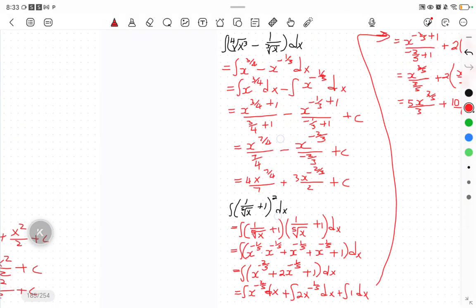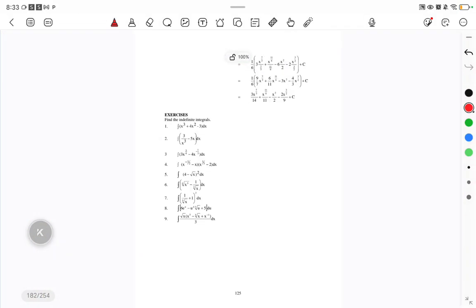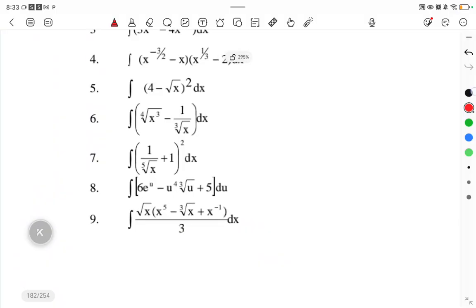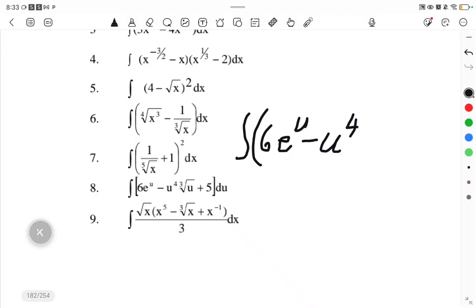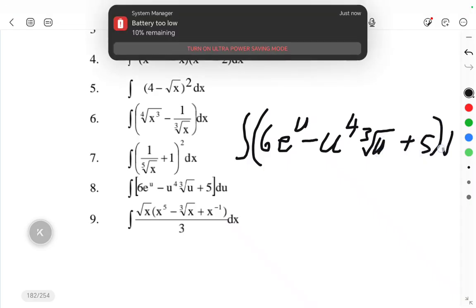And then now if we come to number 8, on 8 we see that we have the integral of 6e to the u minus u to the 4 cubic root of u plus 5 du.